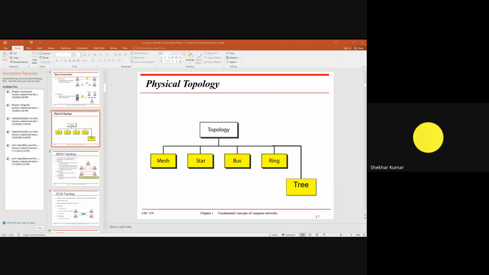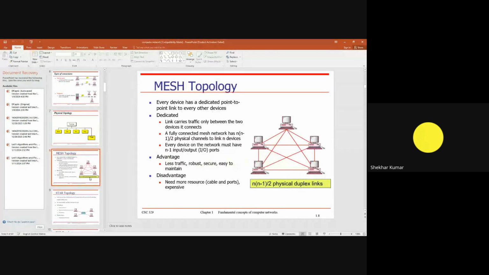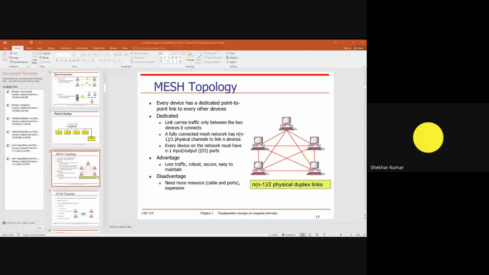The first topology is the mesh topology. In the mesh topology, a host is connected to one or multiple hosts. A node is connected with one or many nodes. You can see that every node is connected to each other.